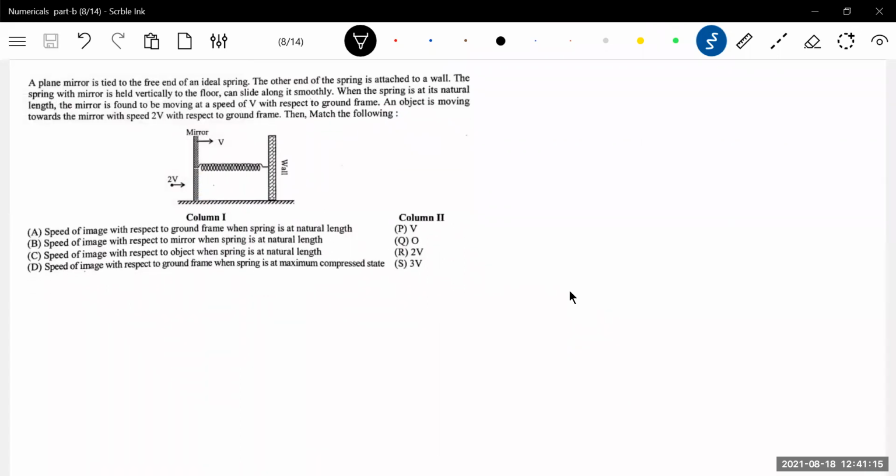Carefully analyze this. What is that mirror? The mirror will oscillate.